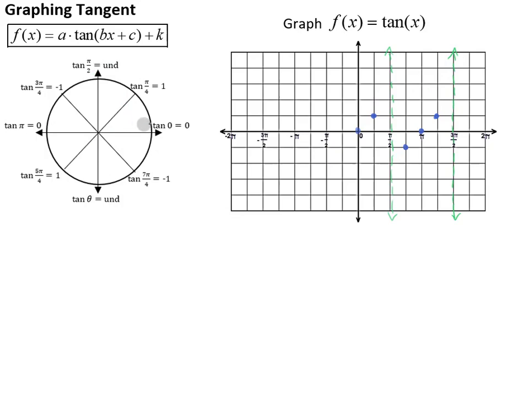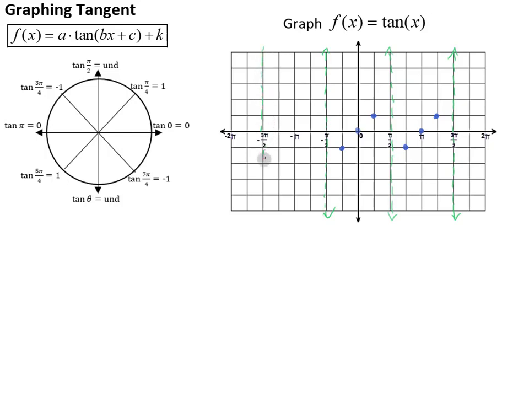If you were to go backwards here, fill in some of these negative angles, or continue the pattern, we end up getting these vertical asymptotes essentially every 180 degrees, every 4 boxes at this current scale.